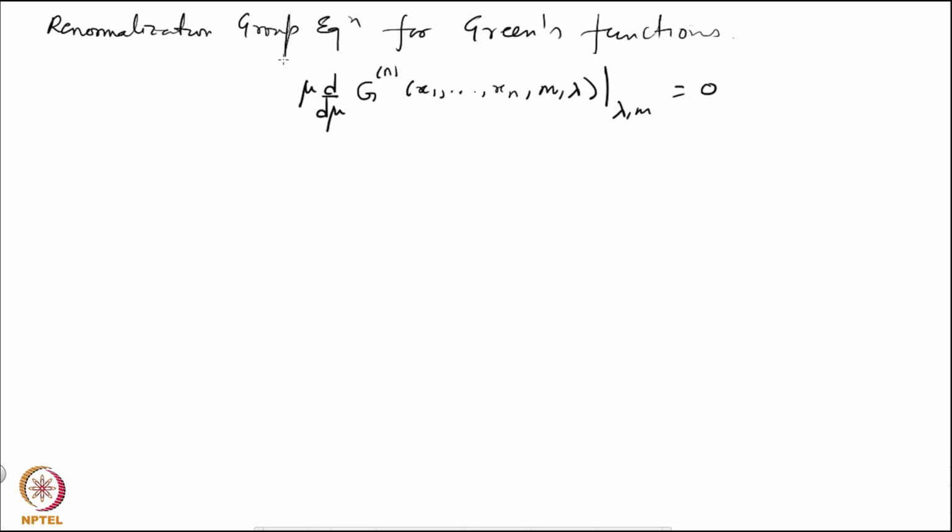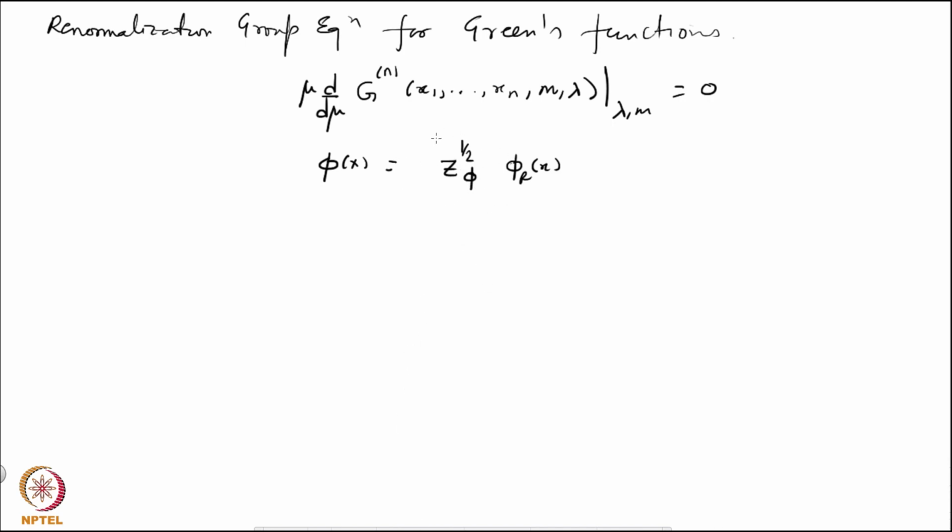If you take the derivative with respect to mu, because this object doesn't depend on mu at all, being in terms of bare objects, that derivative is 0. Now recall that we had defined phi_r, the renormalized field, as Z^(1/2) phi.